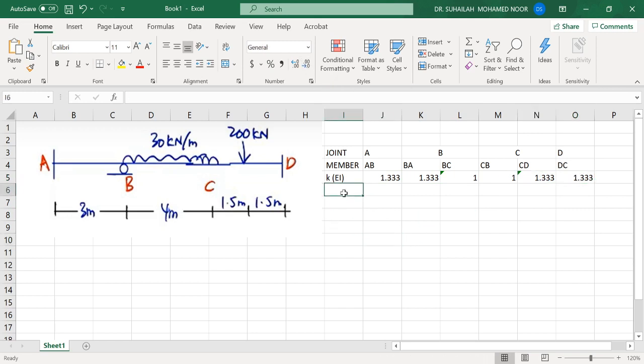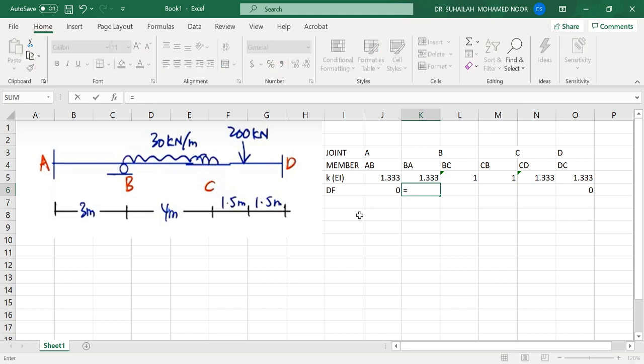Now I want to calculate the distribution factor. Since A and D are fixed, the distribution factor is 0. For the rest, we calculate using the formula: member stiffness factor divided by joint stiffness factor. So it is 1.333 divided by the total stiffness at B, which is this one plus this one.